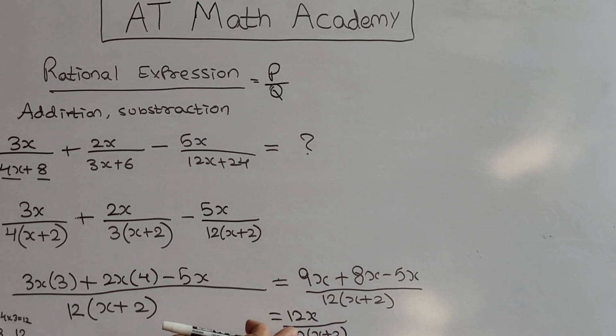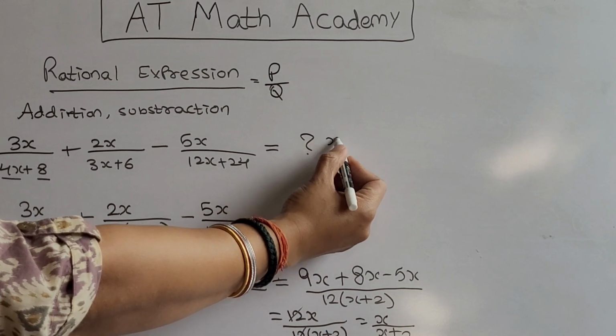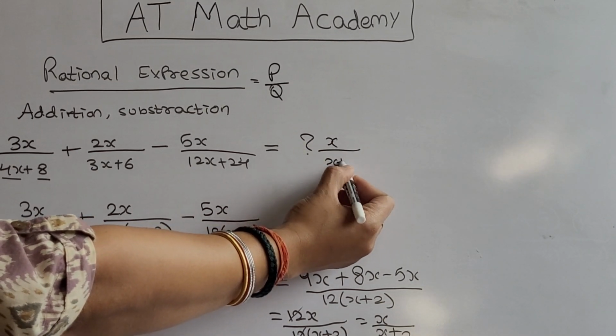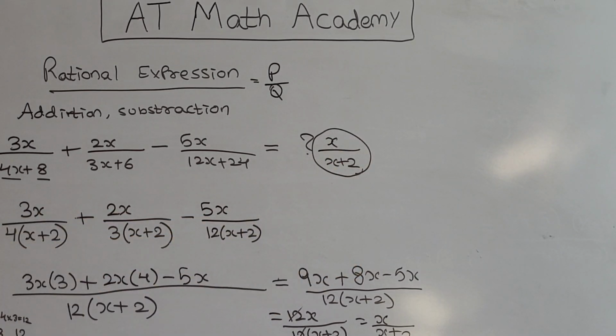As we have 12 in both numerator and denominator, we can eliminate it. 12 times 1 is 12 and 12 times 1 is 12. Now we are left with x by x plus 2. So the final value here is x by x plus 2. This is the final answer that I got after simplifying this expression.